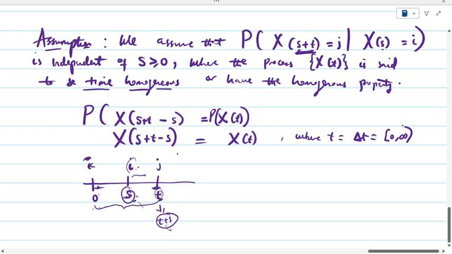So from here to here will be what we have at j, which is t plus x, minus what we have at i, which is x, and that is why we have X of t. I believe that is clear enough.